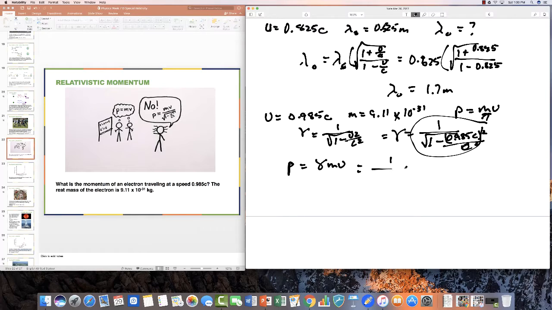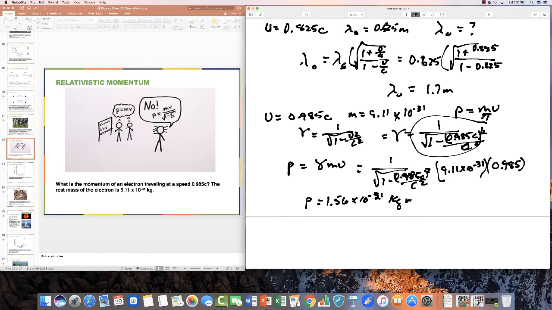And if we do that, we have 1 over the square root of 1 minus 0.985 c squared over c squared times the mass times 0.985 c, so that p is going to equal 1.56 times 10 to the minus 21 kilogram meters per second.